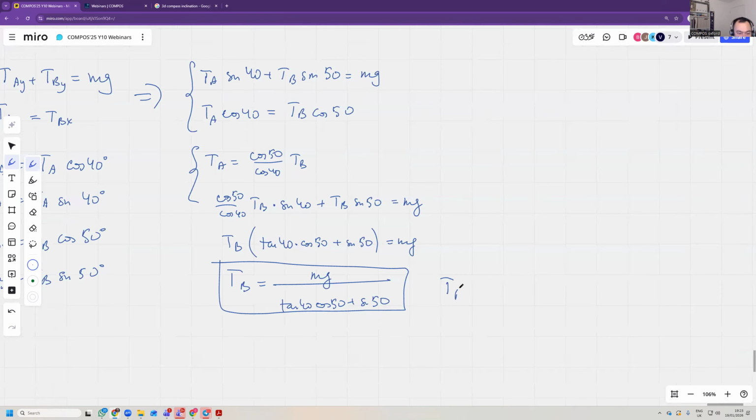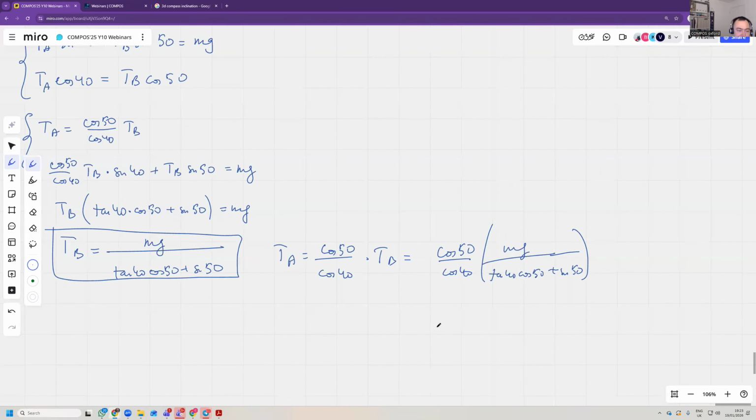And TA, because it's cos 50 divided by cos 40 multiplied by TB, is cos 50 divided by cos 40 multiplied by mg over tan 40 cos 50 plus sine 50. So you can get a similar expression.